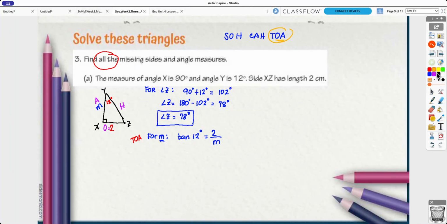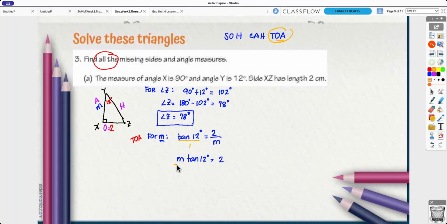Okay. So again, put 1 under tangent 12, and we cross multiply. So M times tangent 12 is equal to M tangent 12. And then 2 times 1 is equal to 2.